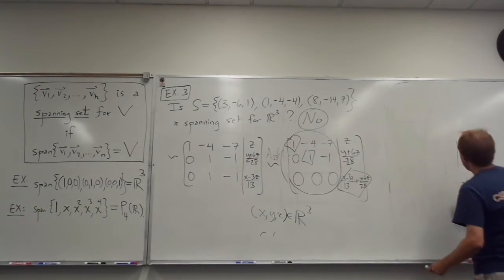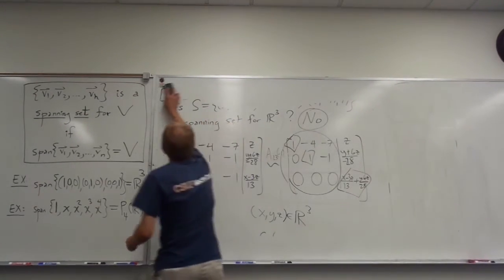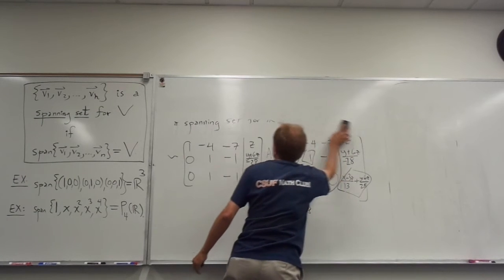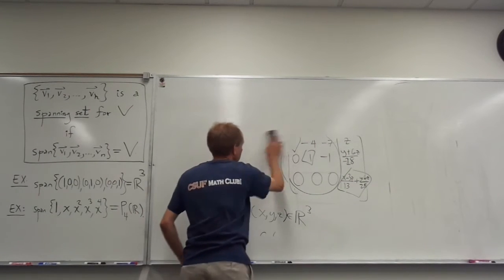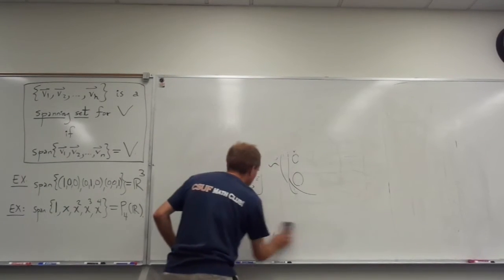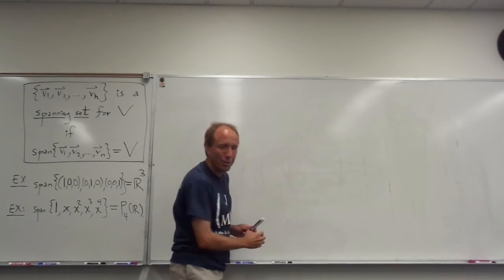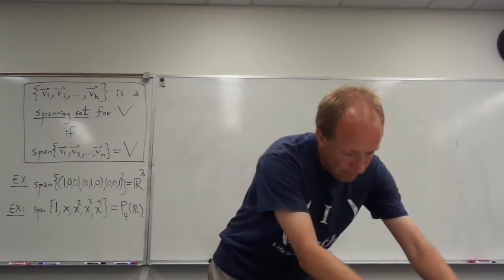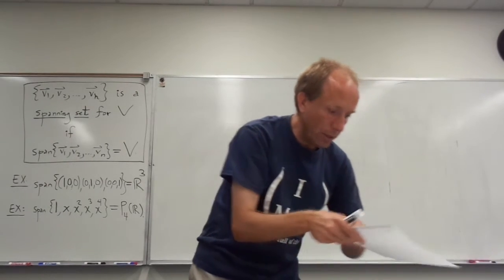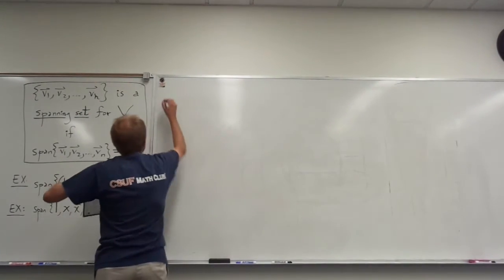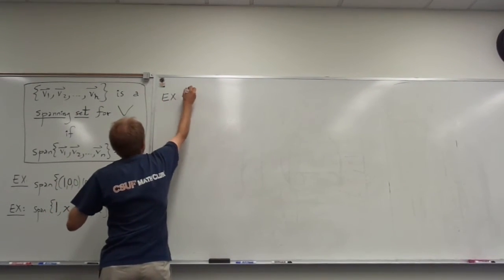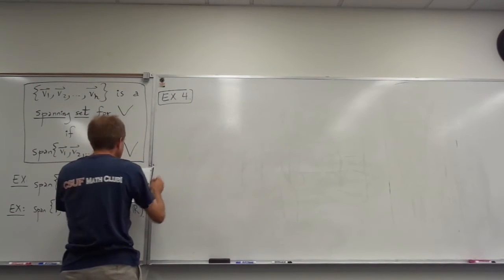Let me show you one last one, and then I think you guys are going to be able to really make some good sense of this section. I'm going to give you one more proposed spanning set for something, and we'll see if it actually works. Okay? So this is example 4. Okay, and here's what it says.